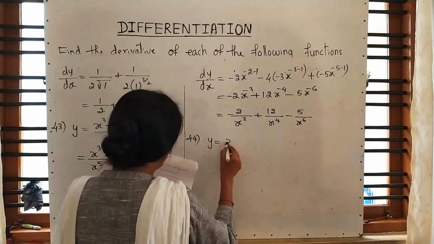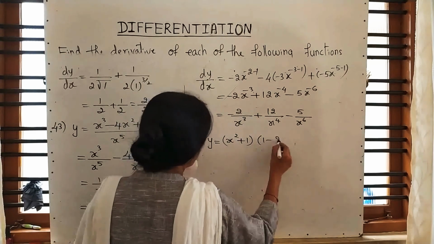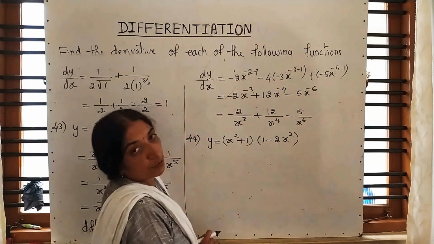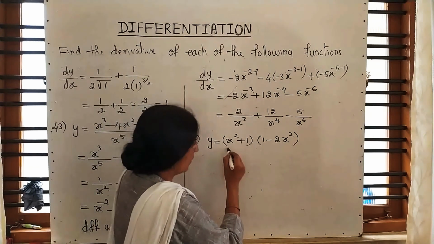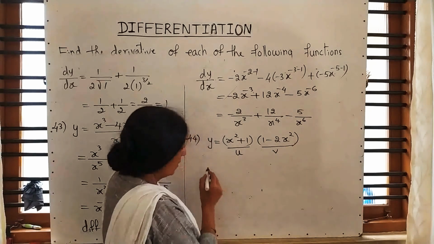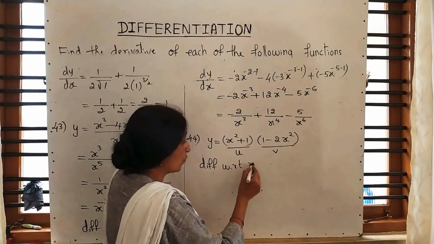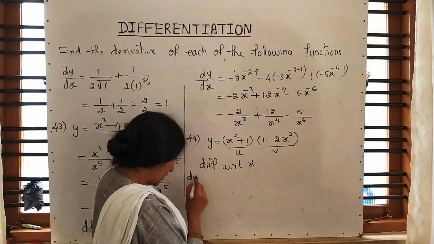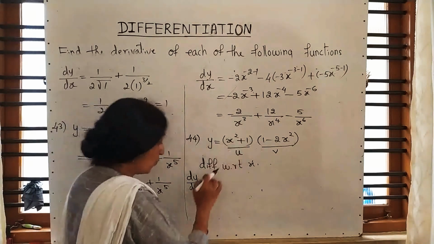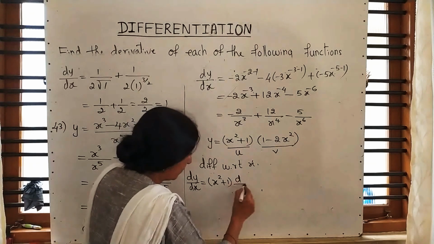y is equal to. See, if the terms are simple, you can multiply. 2 brackets are there. Otherwise, this complete first bracket is u and the second bracket is v. Now differentiate this. Now we are applying a product rule. So I will explain each and everything slowly. dy upon dx is equal to u as it is. x square plus 1, u means x square plus 1.